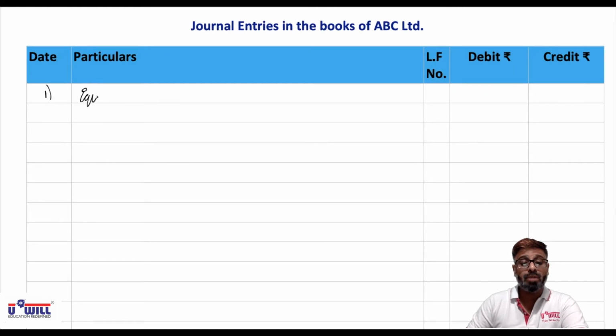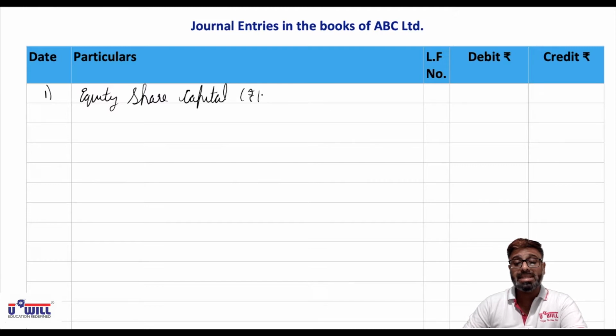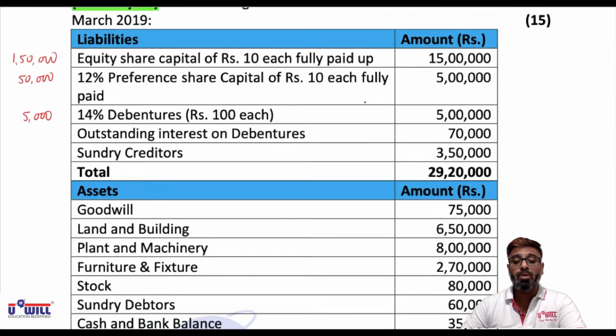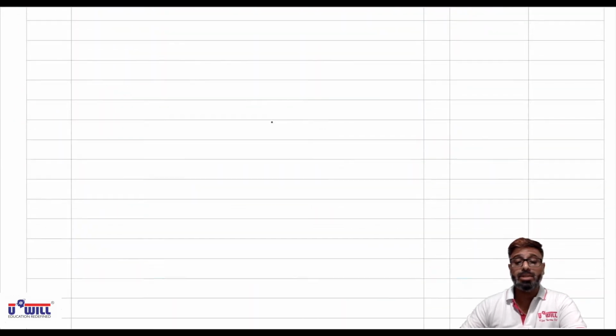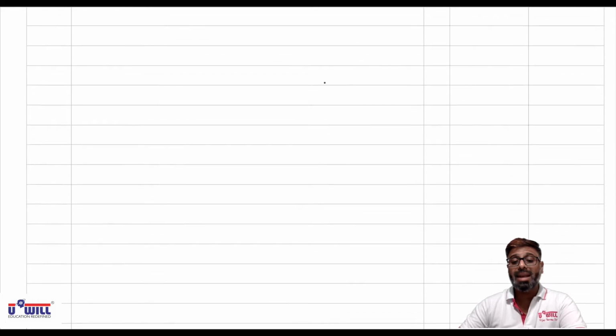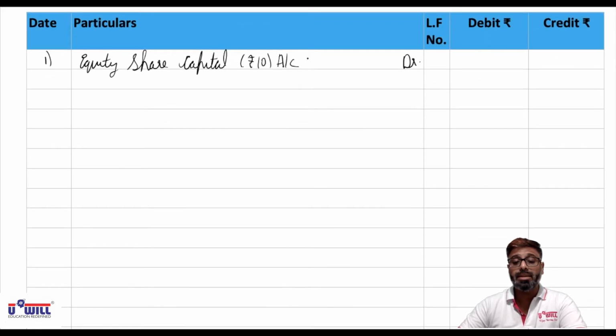All of you must be confident with that now. Equity share capital with old face value, that is rupees 10 account, debit. Now old face value, so the amount will be, 1,50,000 shares are there, 1,50,000 into 10, that is 15 lakhs.